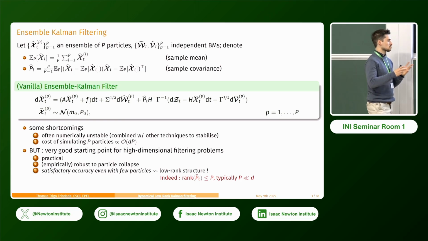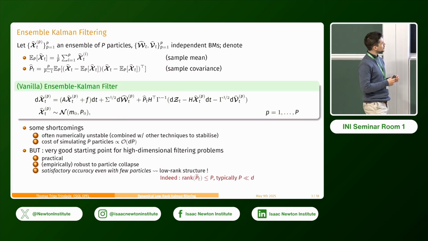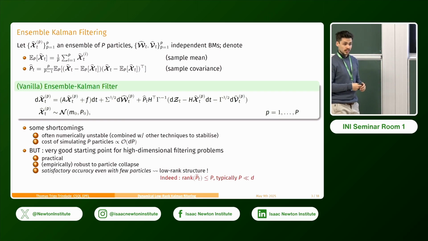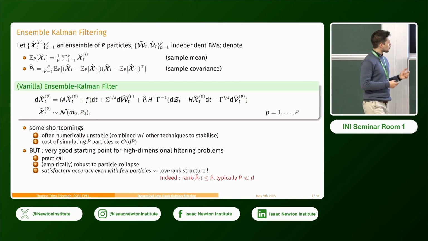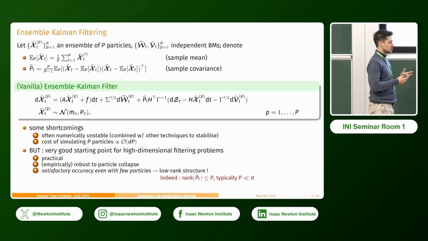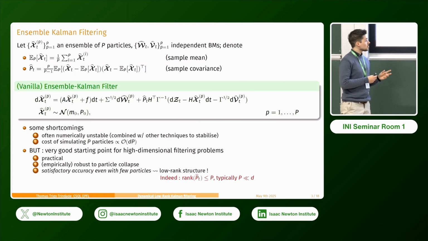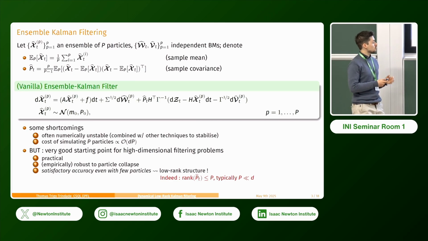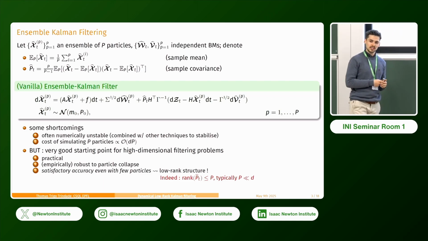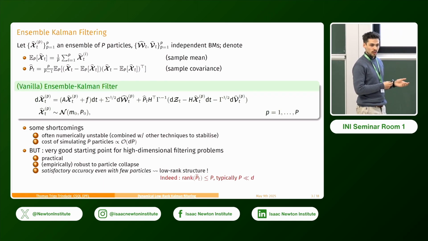So that's the, let's say, negative aspects of this filter, but the good ones are, as I said, that it's practical, and very importantly, people have been using this for quite a while now, you actually get decently good results even with a few number of particles. So again, think of the weather, 10 million degrees of freedom that you want to solve for, and you're using 20 particles, it kind of works. You get a system that kind of makes sense.